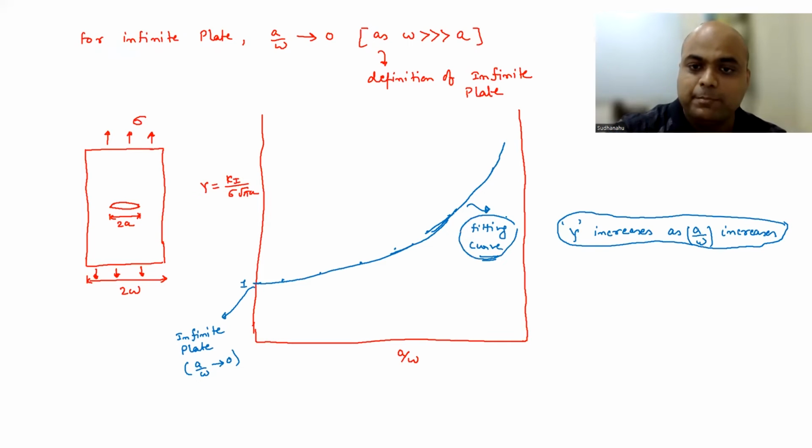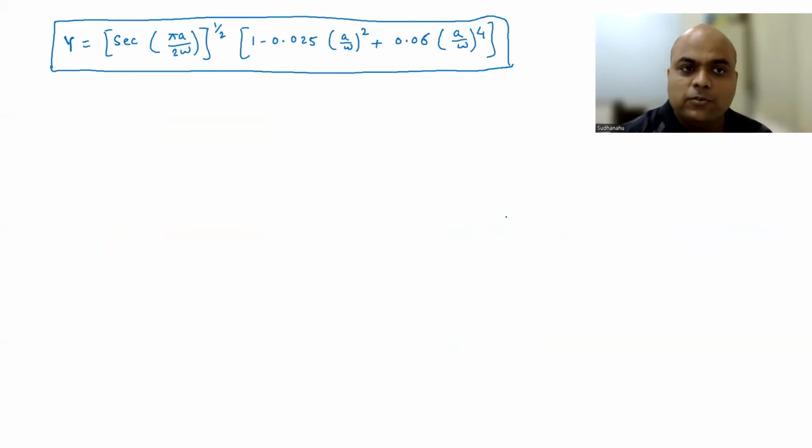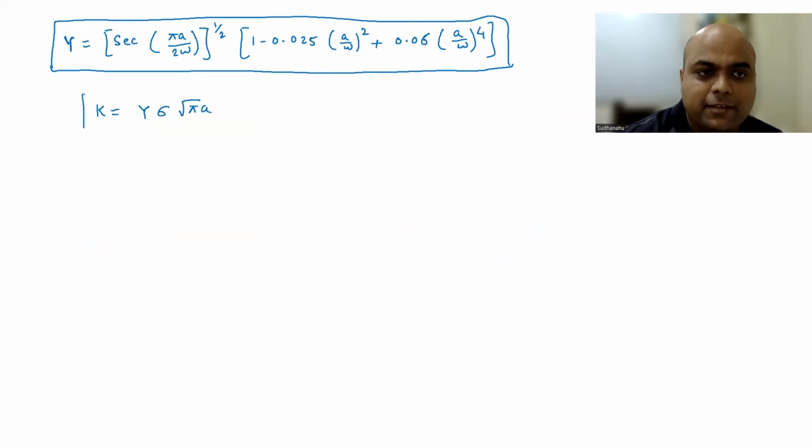Okay, so that expression belongs to this fitting curve. So we know the expression for Y. Now we also know what K is. K is Y sigma root pi A. That is a general expression for stress intensity factor.